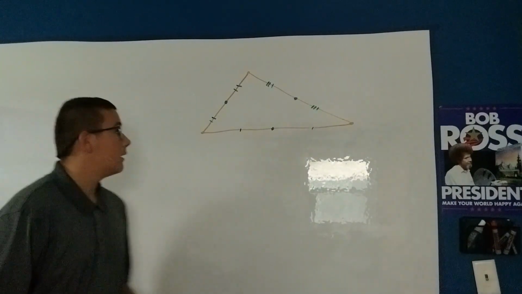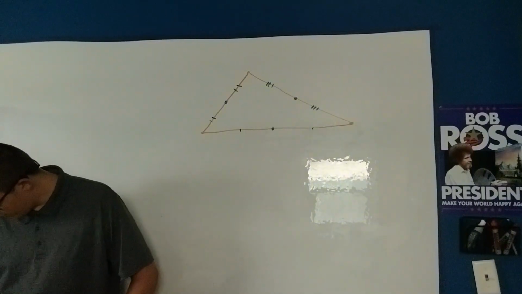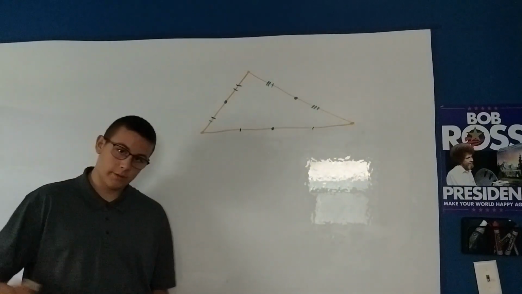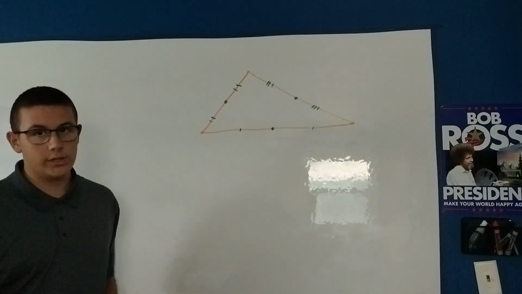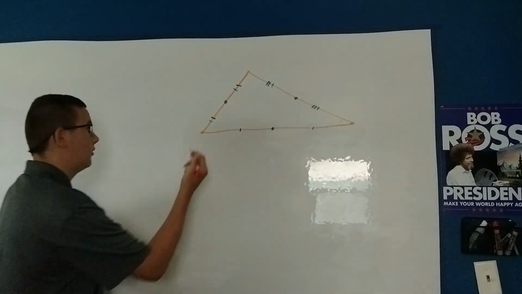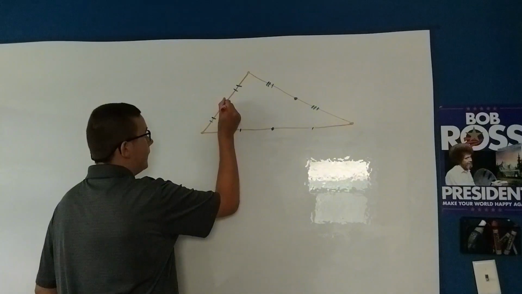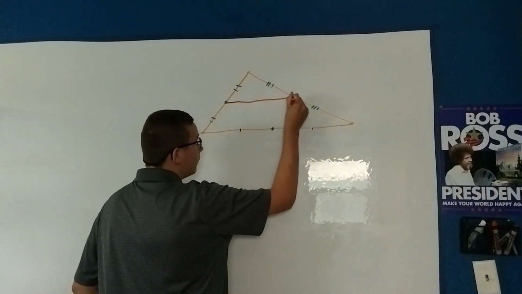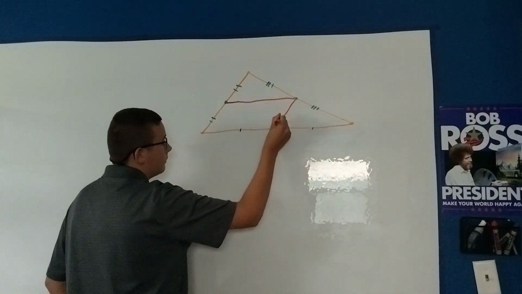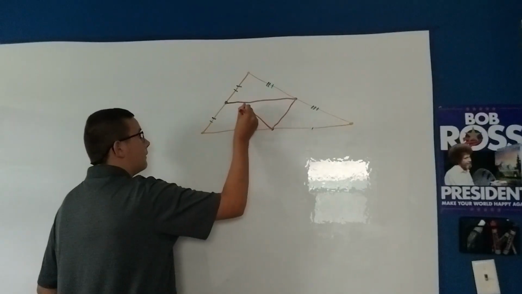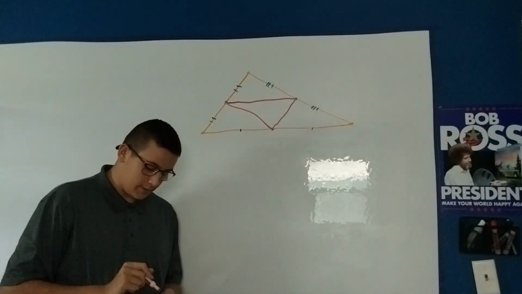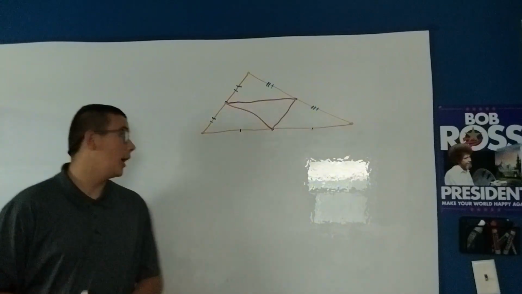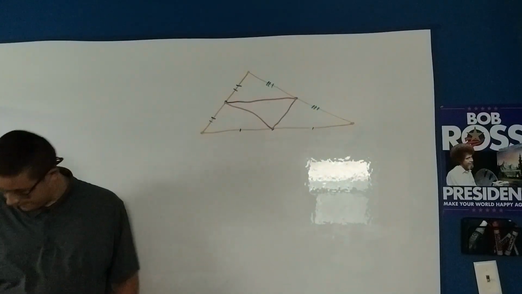Like that. And now from there, we can draw a line that connects each mid-segment to the other mid-segments. So if I take this one here, and that, we get another small triangle inside of our larger triangle.